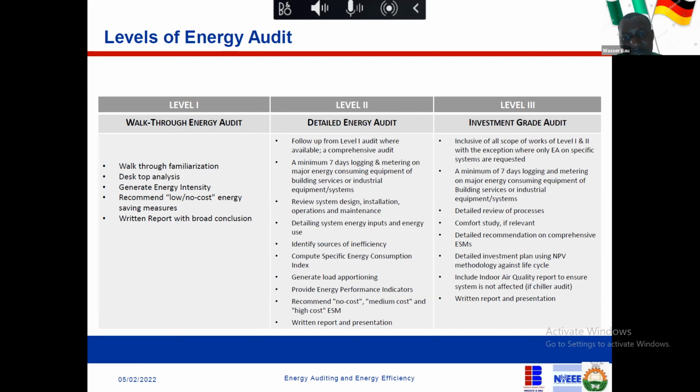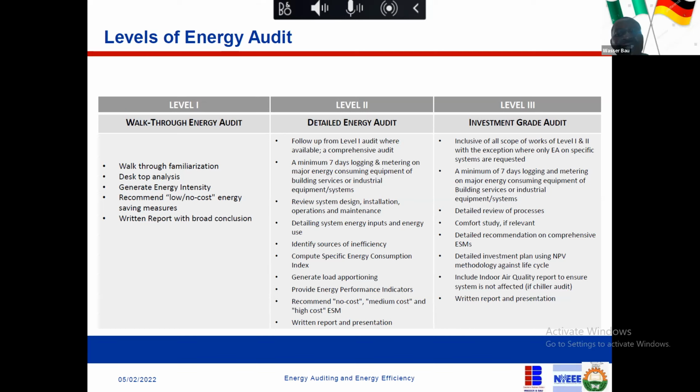Only 2 things are different. Those 2 things are that you are going to conduct strong financial analysis, and then you have to carry out an environmental impact assessment.